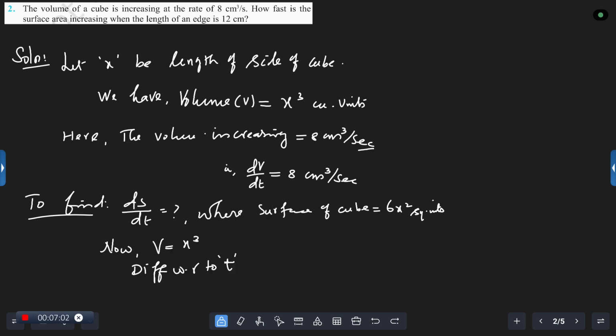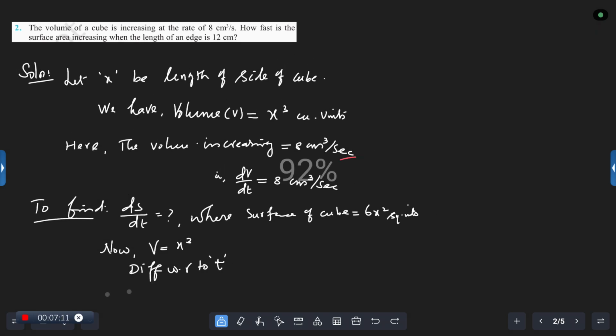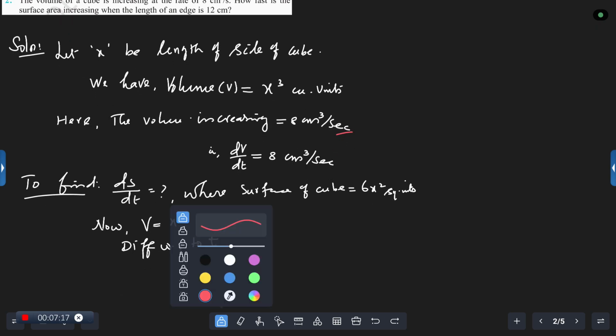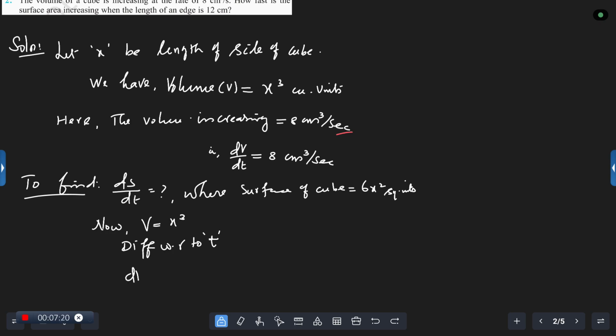What are we going to get here? dV by dt equals 3 into x square into dx by dt, because we are differentiating with respect to a third variable, t.